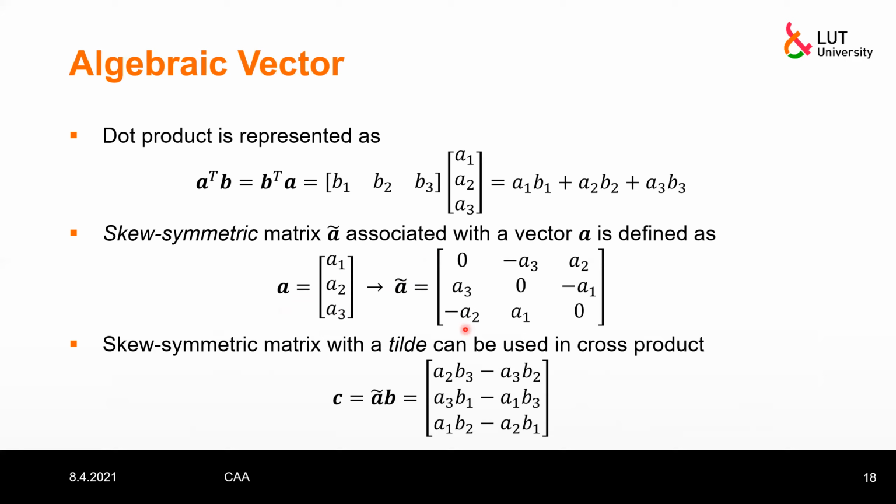With that definition of the skew symmetric matrix, denoted with a tilde, we can write the cross product. The cross product of A and B is equal simply to the skew symmetric form A tilde of the first vector times the second vector. And here is the explicit form of it.